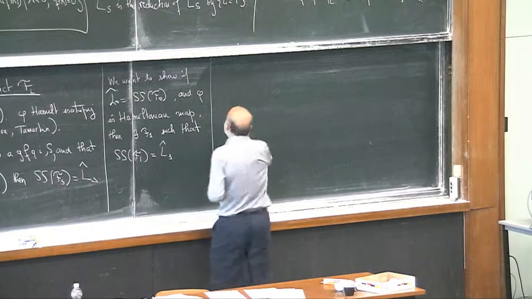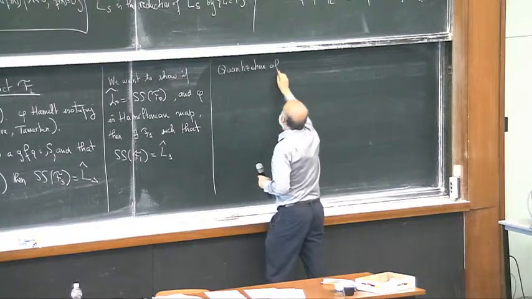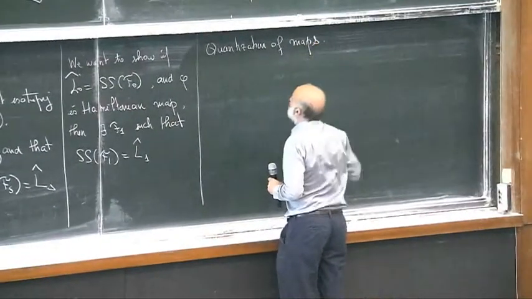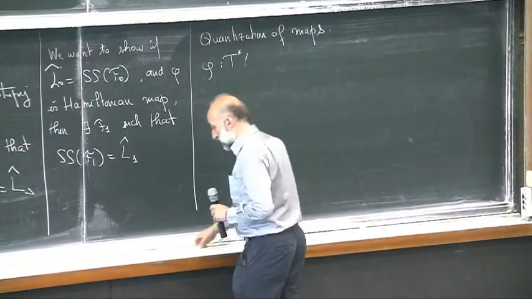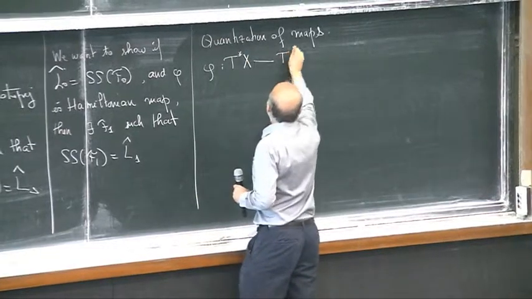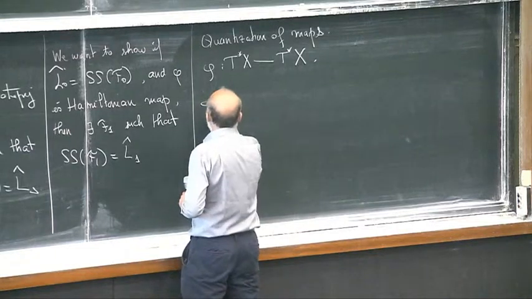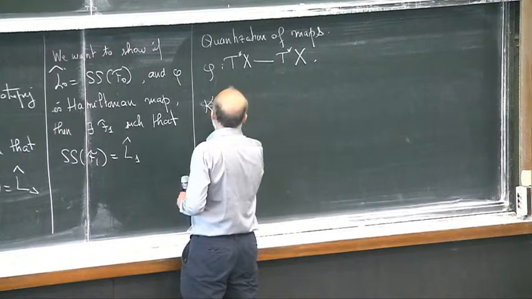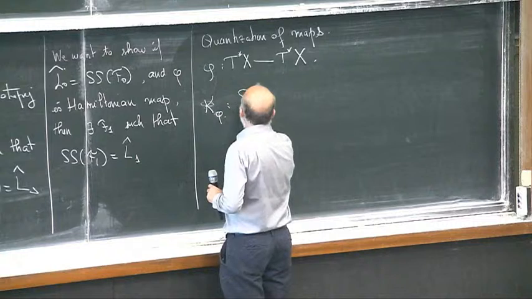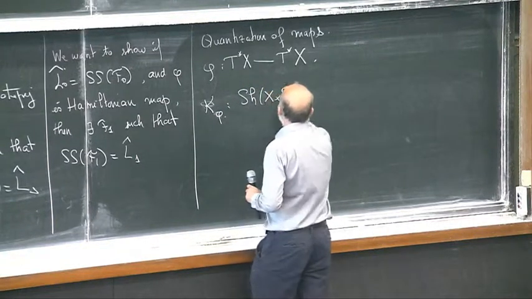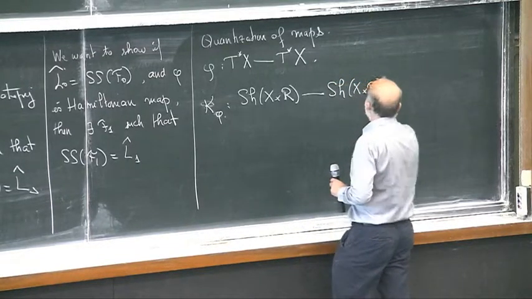And so the idea is that what you're doing is actually quantization of a map. So if you have a map phi, which is symplectic from T star x to T star x, then you should, well, I will write this K sub phi, which should be a map from the sheaf over x times r to the sheaf over x times r.